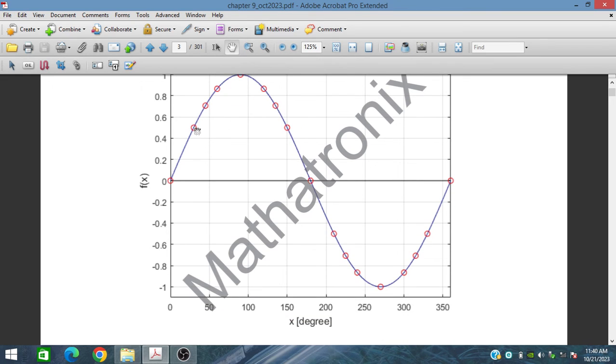At 30 degree and 150 degree we have the same value. So this is 180 minus this. If we take 180 degree minus this one, we will get this degree.